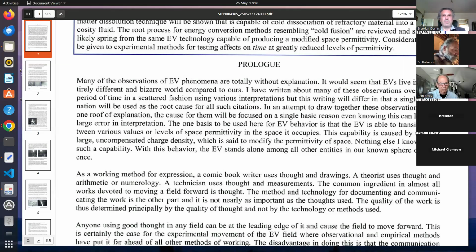In an attempt to draw together these observations under one roof of explanation, the cause for them will be focused on a single basic reason, even knowing that this could lead to large error in interpretation.